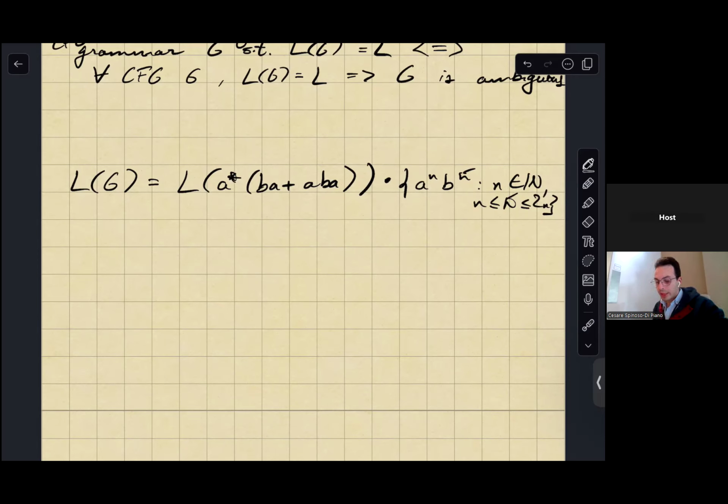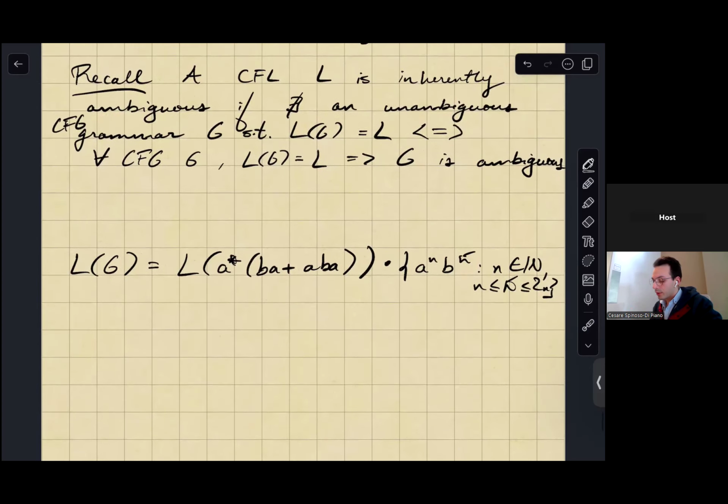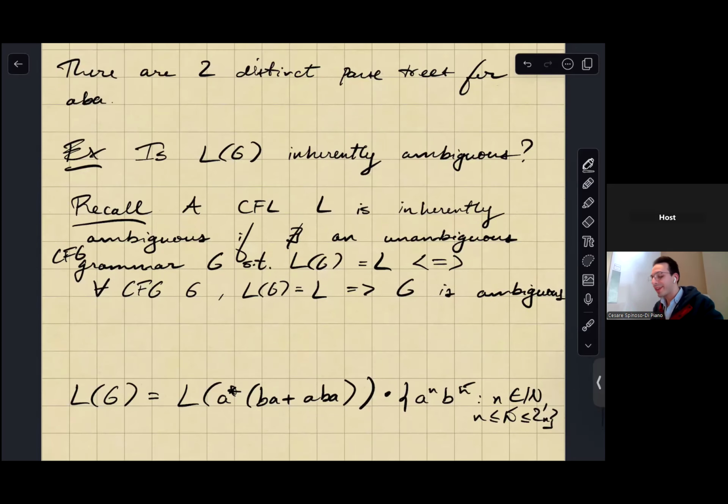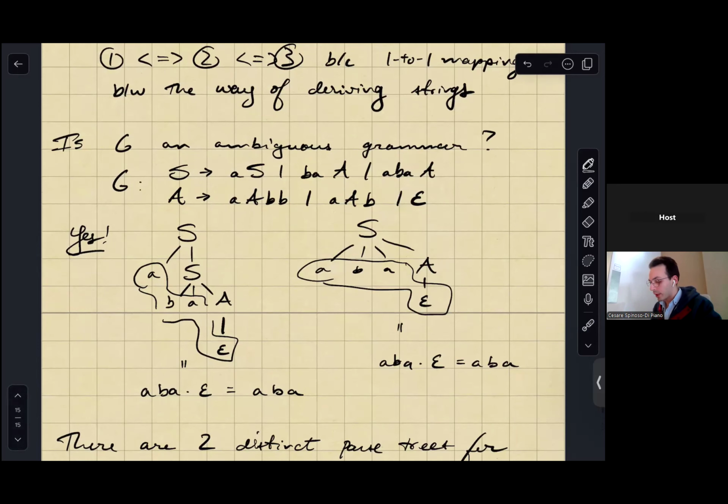You'll remember that the way I had shown that G was ambiguous in this exercise was I said, notice I can derive ABA in two different ways.